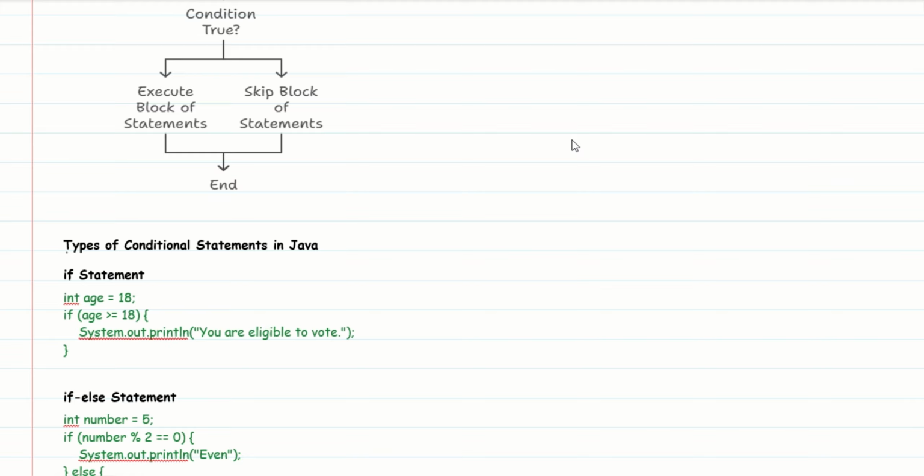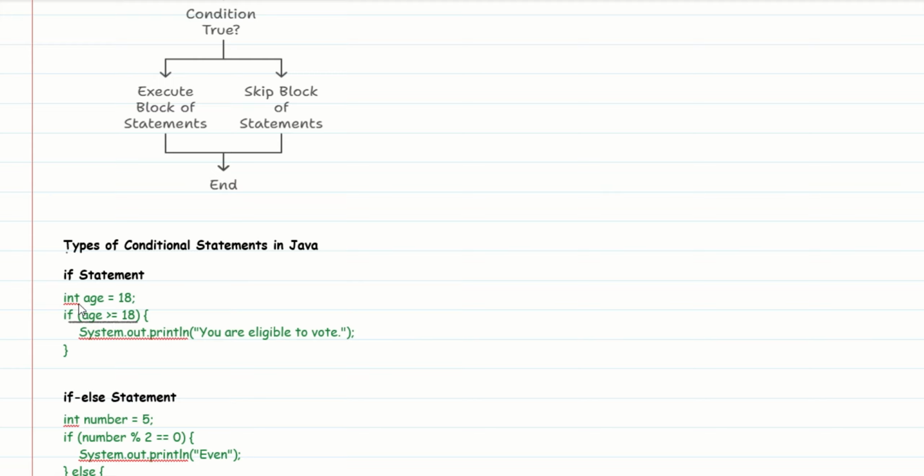The first one is the if statement, which executes a block only if the condition is true. Here's the syntax. We have the if keyword followed by a condition within parentheses, then the required statements within curly brackets.